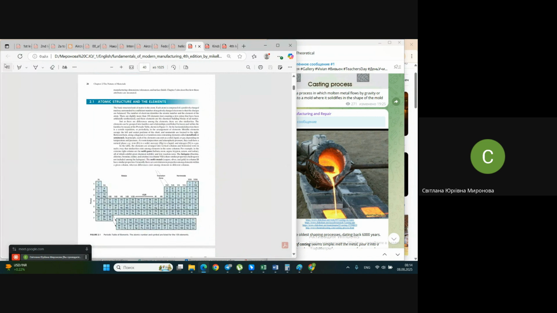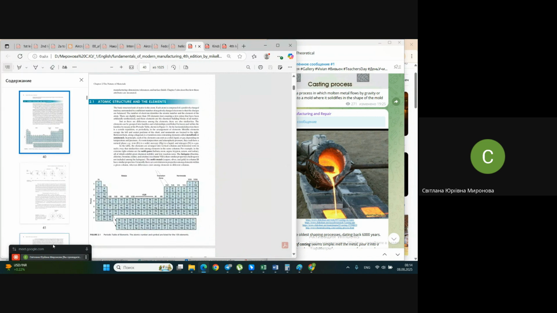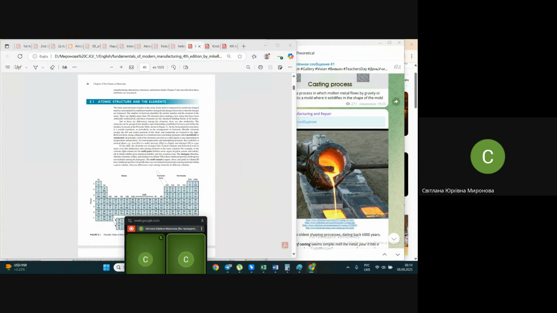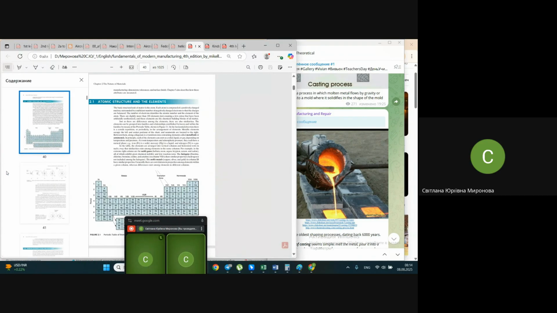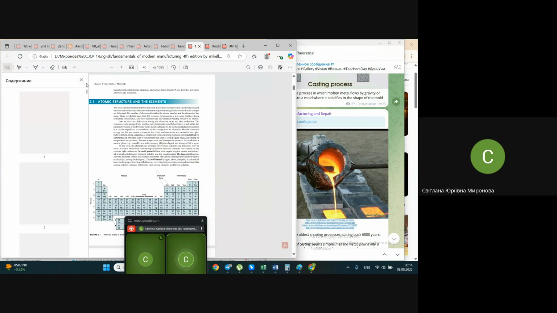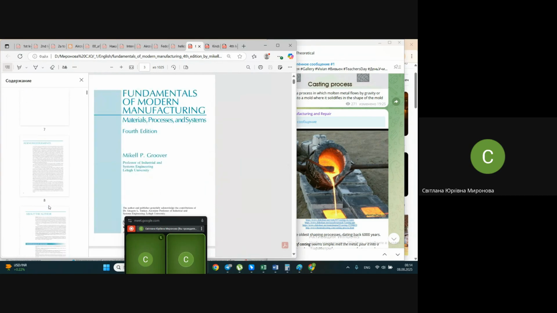I do not understand why this program does not show me this opportunity. It has content, and it's possible to travel by content in this book. Maybe this program has limitations.